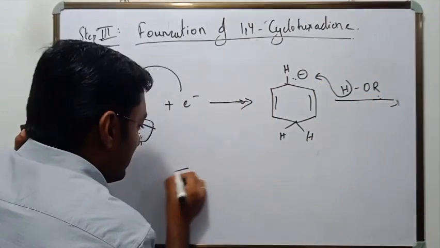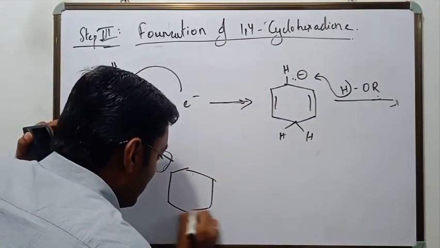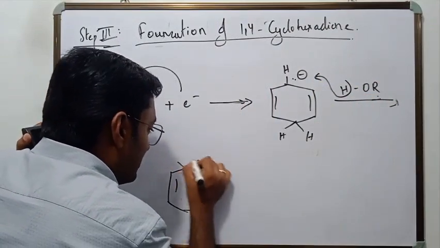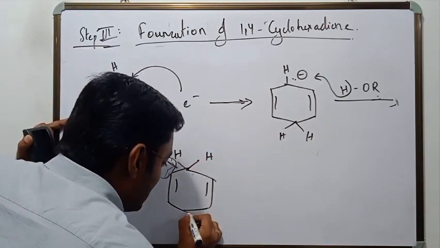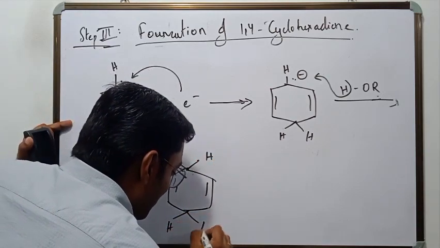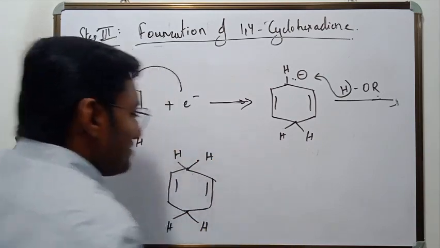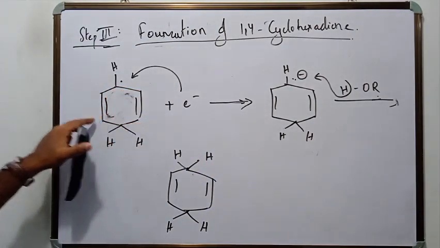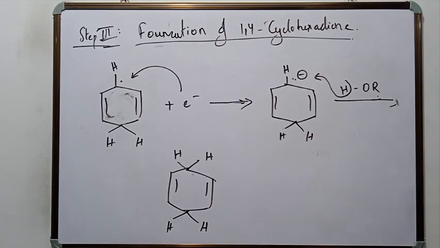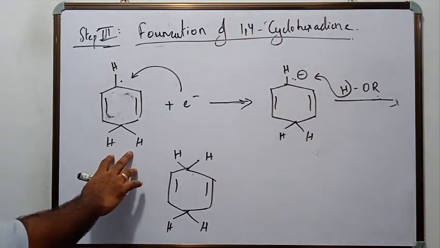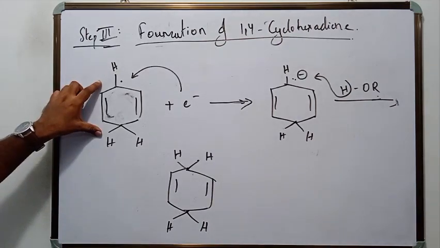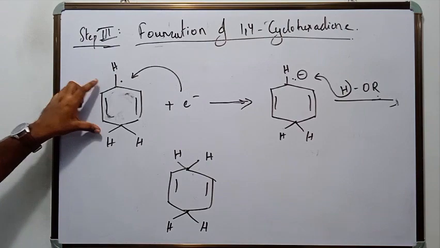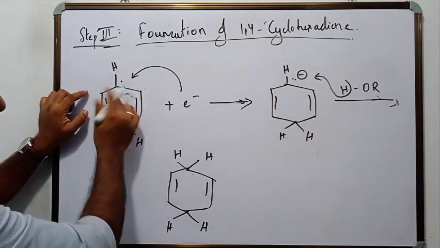And this results ultimately in the product. So I am writing the reaction first so that I can make you understand what is behind this. I have not written all the hydrogen atoms. If you want to write, you can write. There is no need to write all hydrogen atoms now. So this is step number 3. This is where we stopped in step 2, benzene free radical. There we have attached all hydrogen atoms. Here I am not attaching.